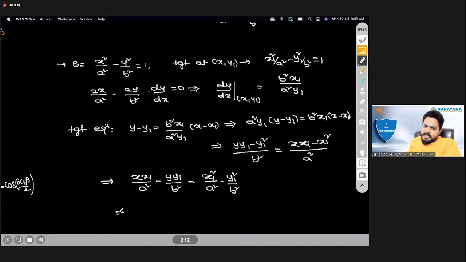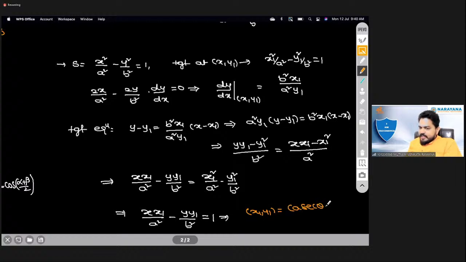So you will get x x1 by a square minus y y1 by b square is equal to 1. Now if I substitute x1, y1 in parametric form, that is a secant theta, b tan theta, you will get x by a secant theta minus y by b tan theta is equal to 1. Please take it.